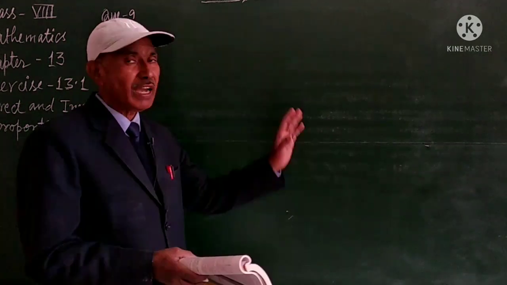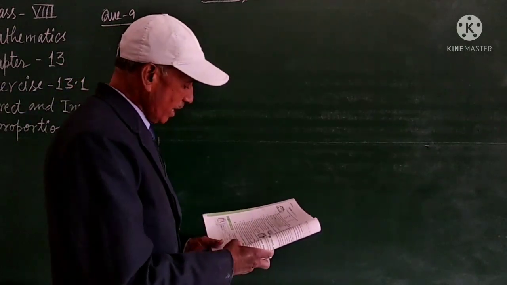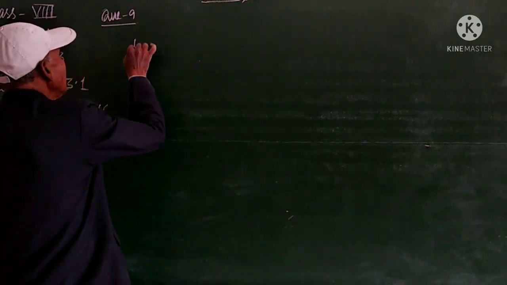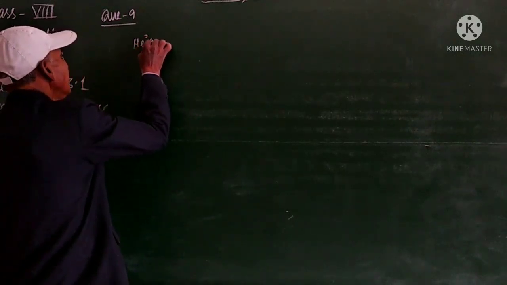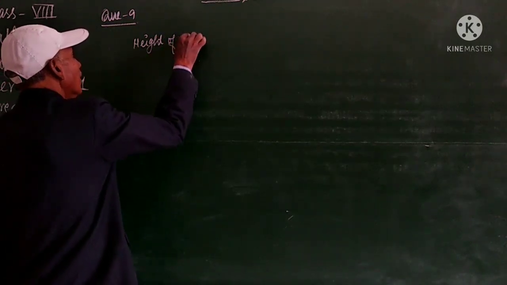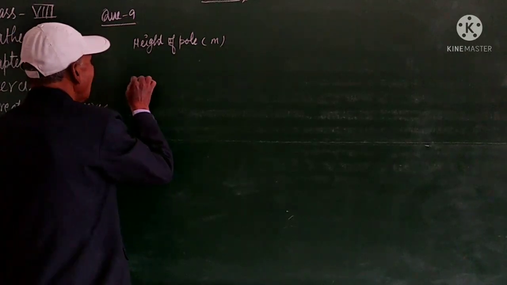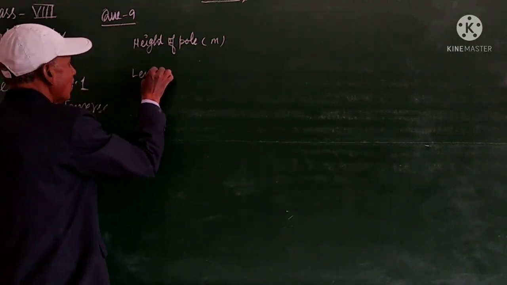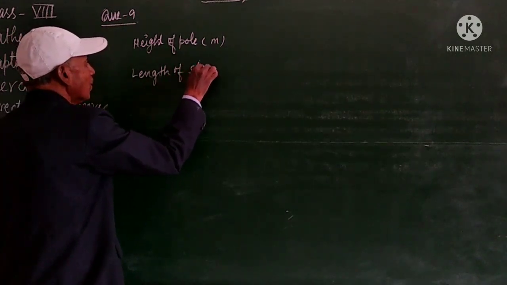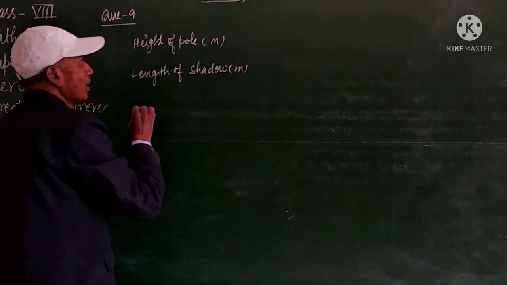First of all, we have to make a table: actual height or height of pole, it is given in meter, student, and length of shadow, that is also in meter, student.